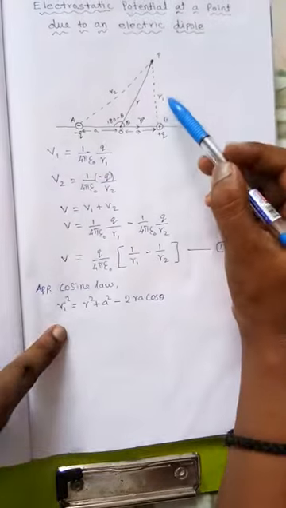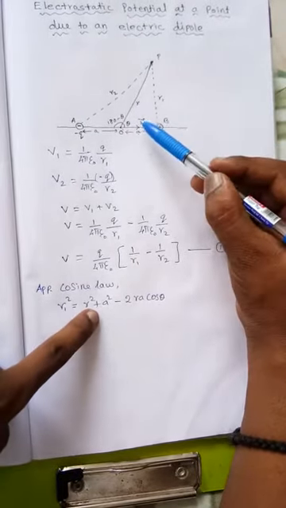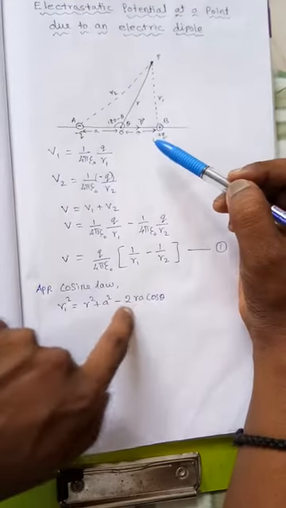So how to apply the cosine law? R1 square is equal to R square plus A square minus 2RA cos theta.